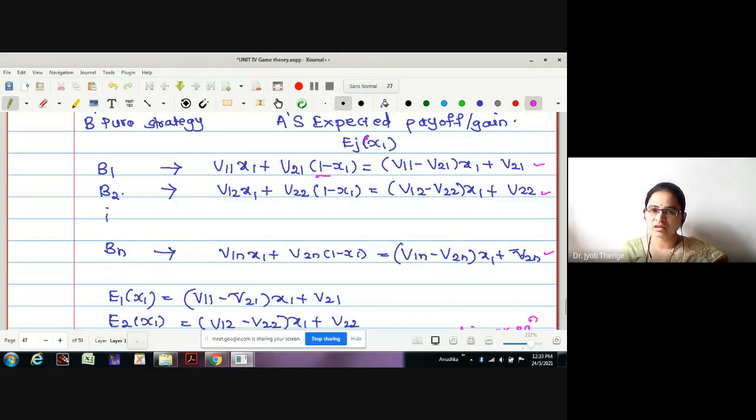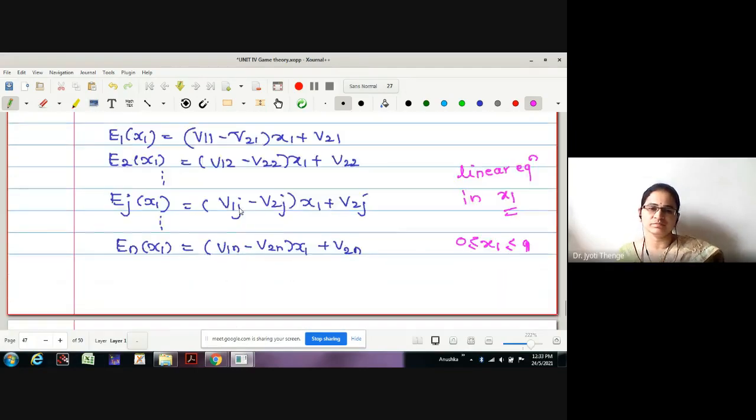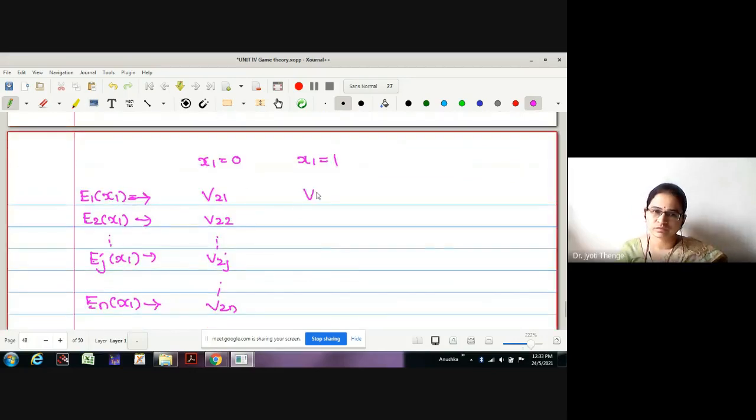Therefore, the entries we obtain for x1 equal to 1 are V11, V12, V1j to V1n. Is that okay? These are the entries.